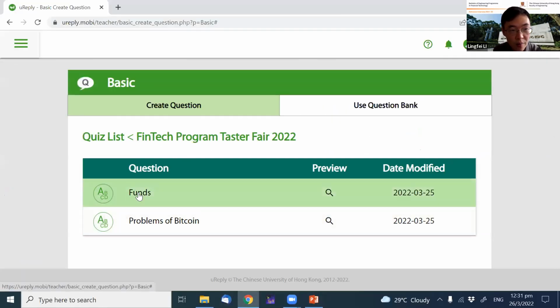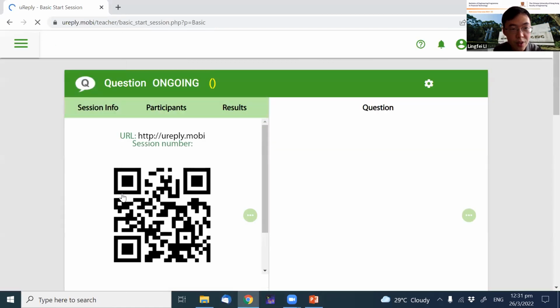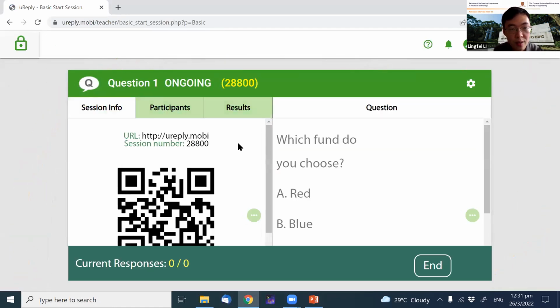This is something that is used at CUHK for interaction between professors and students.